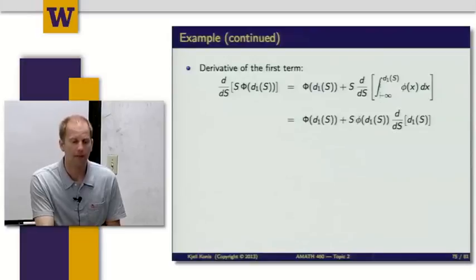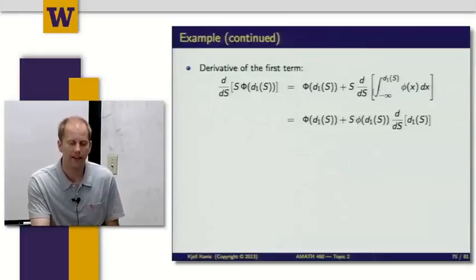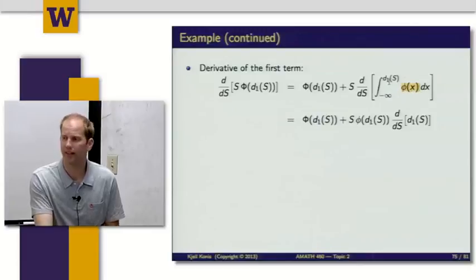And so we have a formula now for evaluating this derivative. If I'm taking the derivative of an indefinite integral, I know that it's just going to be the integrand evaluated at the upper limit times the derivative of the upper limit with respect to the variable that I'm computing.